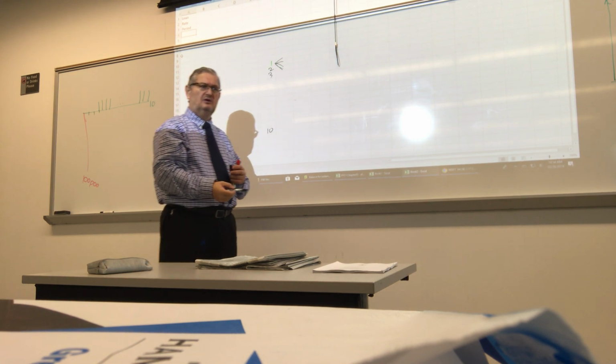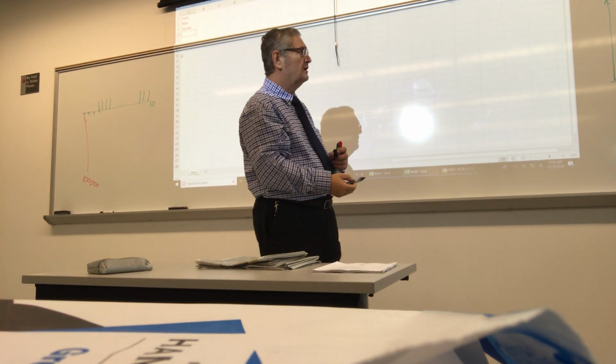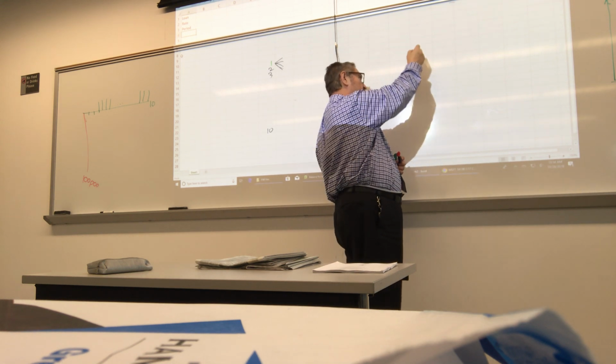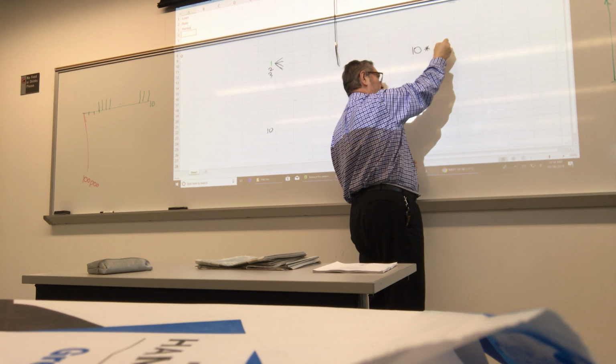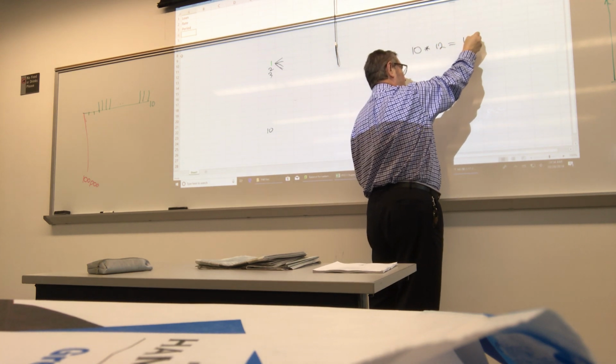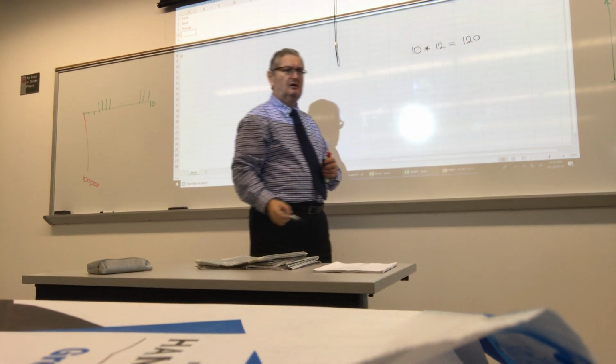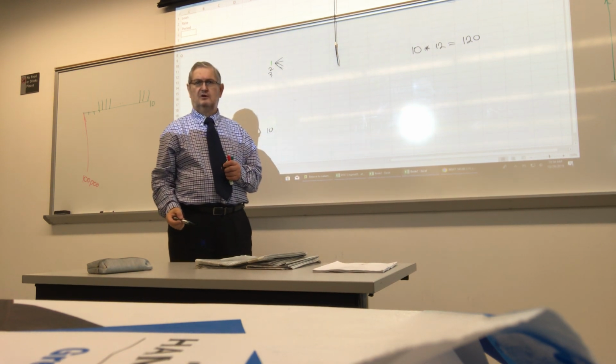And she needs to know what is happening. What is happening here? 10 years by 12 months is 120 periods.